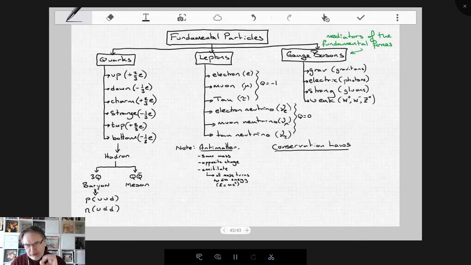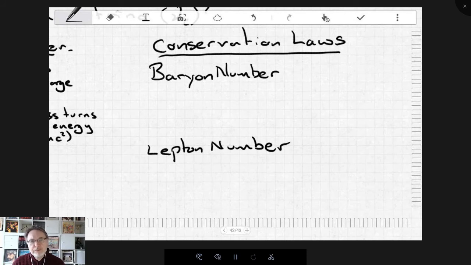But in particular with respect to particle physics and fundamental particles, there are two quantities that are also conserved. One is called baryon number and one is called lepton number. Baryon number and lepton number are essentially an indication of whether the particle you're talking about is a baryon or a lepton.